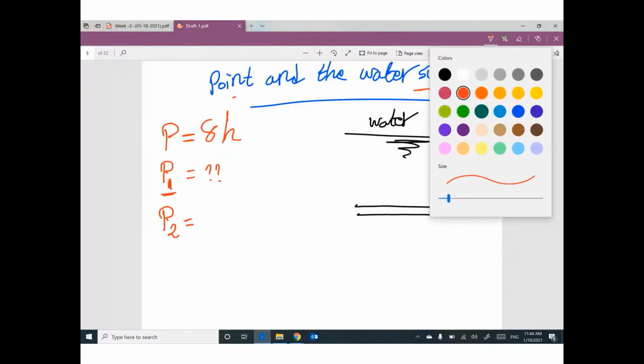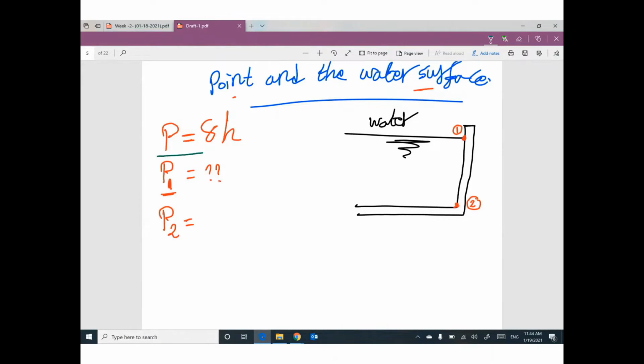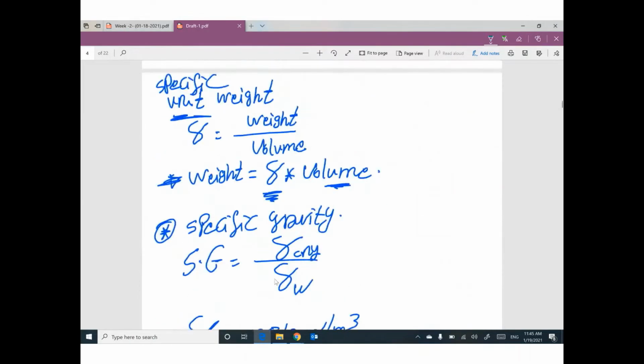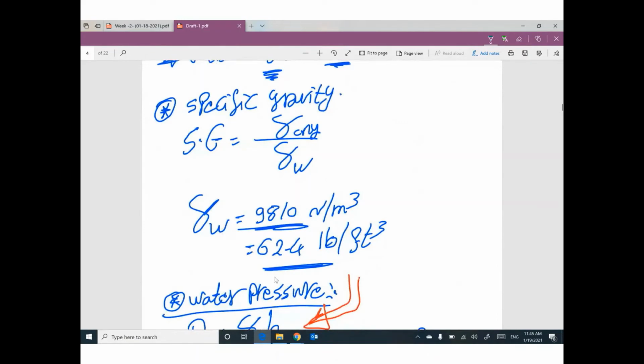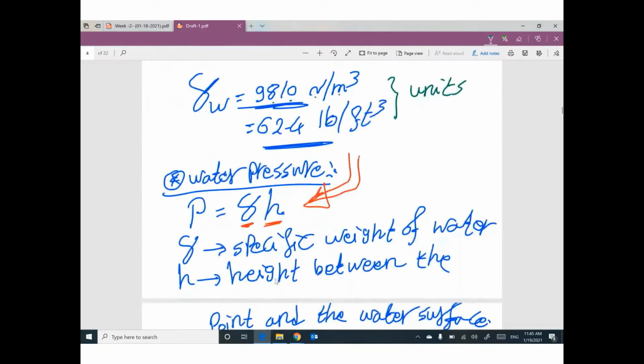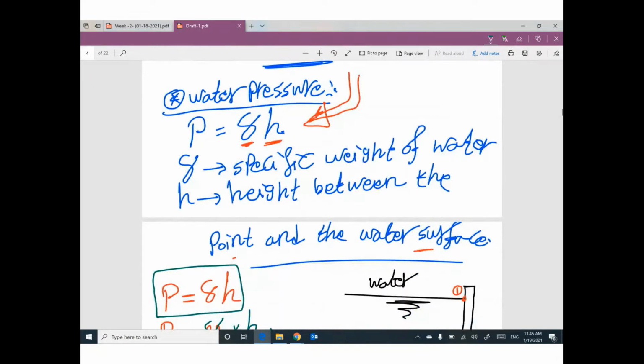Yeah, that's right. Guys, can you apply this equation to get the pressure at point 1? Okay, gamma of water times H of water. We have a value for gamma, probably 9,810 Newton per cubic meter or 62.4 pound per cubic feet, based on the units you are using. Can you tell me what is the value of H?